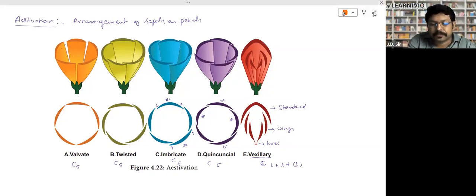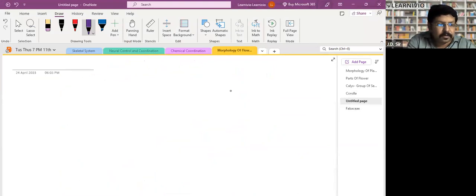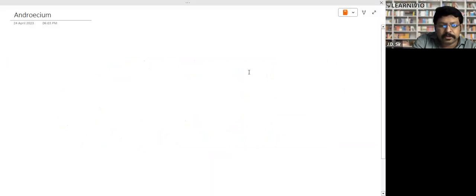So next one is androecium. A group of stamens is called androecium. Fine.